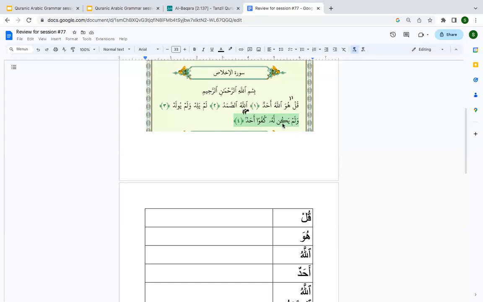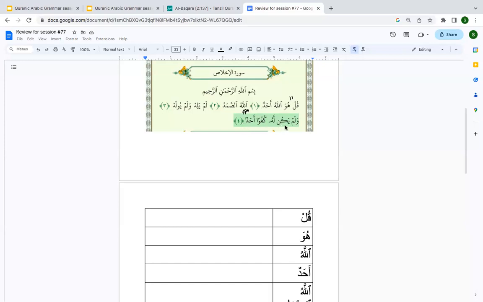So damir hua got cancelled by ahadun. But since yakun does not have an action, instead of calling ahadun fa'il, what name am I going to give this one? What should be the name for ahadun? And you have seen Aisha, Ranaz, what do you think? I'm waiting for you, my dear sisters. It's going to be ismu kana, right?